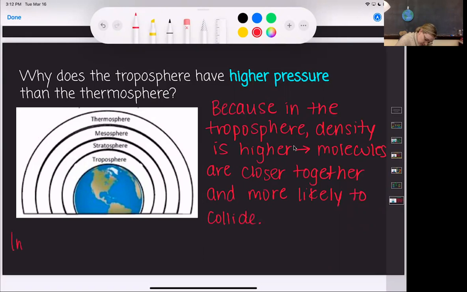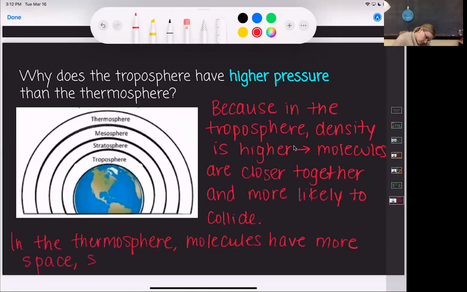In the thermosphere, molecules have more space, so there are less collisions.